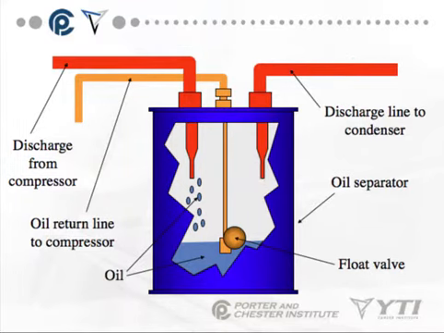As the oil starts rising in here, it opens a float valve. When the float valve opens, it's going to allow that oil to be sucked out of the oil separator and back to the suction line of the compressor. So the pressure difference between my high discharge pressures and my suction line of the compressor is going to pull that oil back into the compressor.